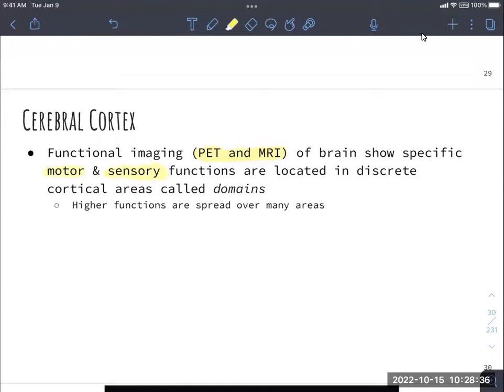So with these PET scans and MRI scans, we can see how these different areas function. And where each of these places function is called a domain.